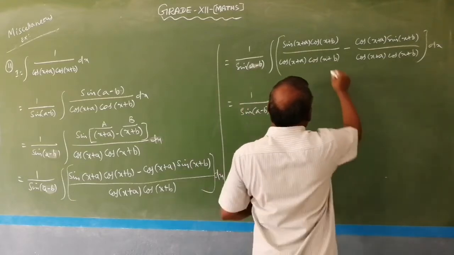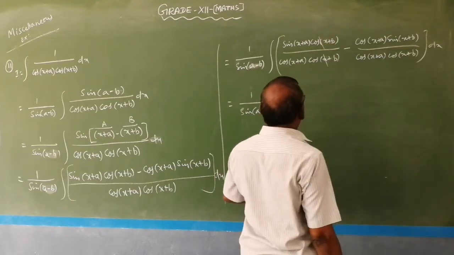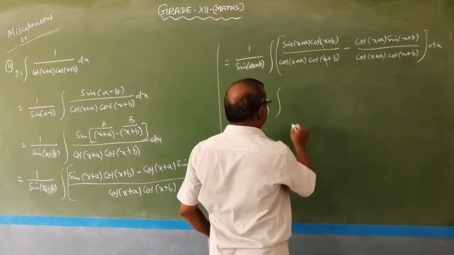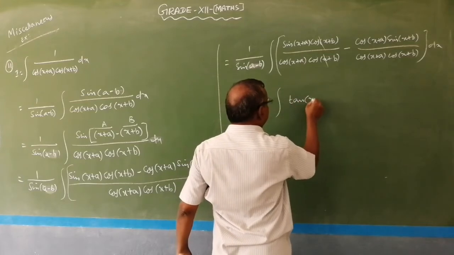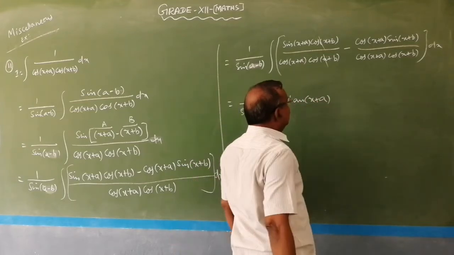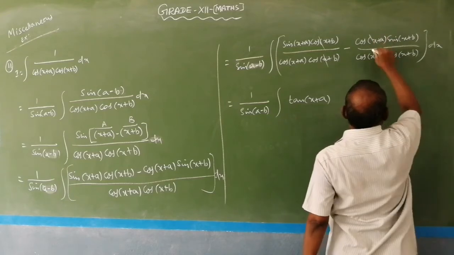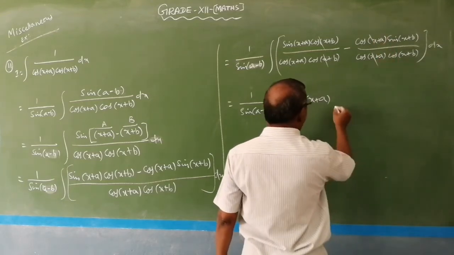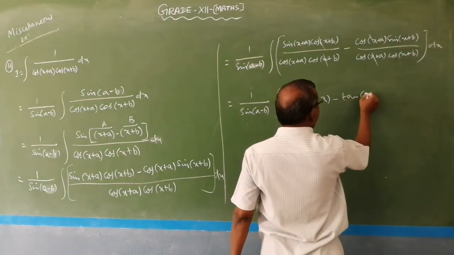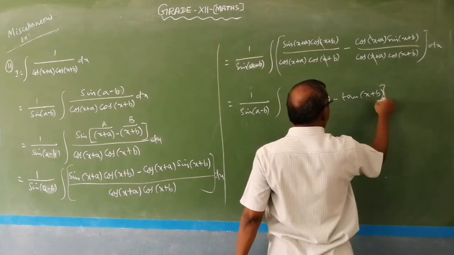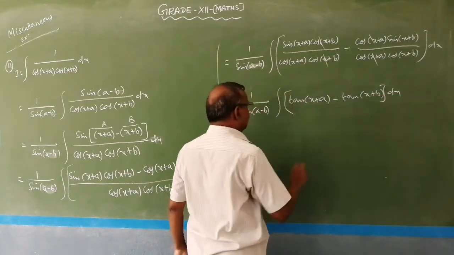Here we can cancel, sin of x plus a divided by cos of x plus a equal to tan of x plus a, and here we can eliminate cos of x plus a, so it is minus tan of x plus b into dx.